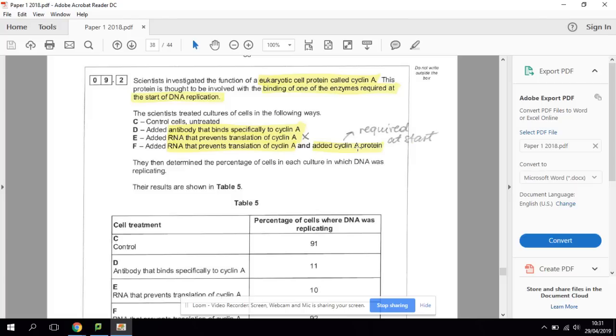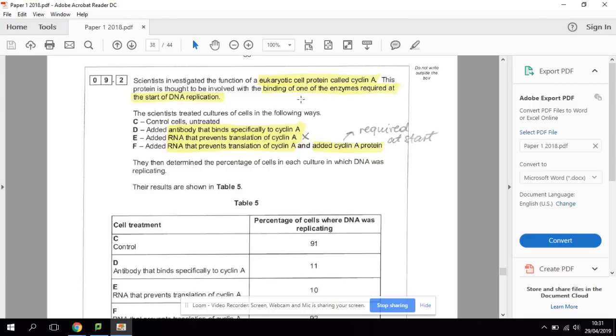So C, control, B, antibody, E, RNA to prevent translation, and F, prevents translation, and added a protein, cyclin A protein. So what is the job of it? It's needed at the start of replication, which we can work out from the stem of the question.